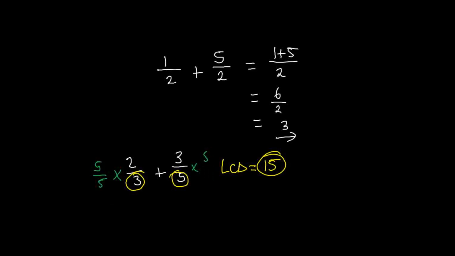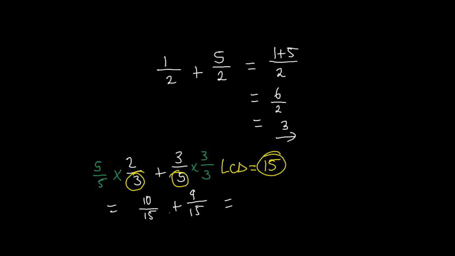What multiplied by 5 will give me 15? Of course, that'll be 3. Silly mistake that I made. So I multiply this fraction by 3 over 3. Apologies for that. Now I multiply top at the top, bottom at the bottom: 5 times 2 is 10 over 15 plus 3 times 3 is 9 over 5 times 3 is 15.